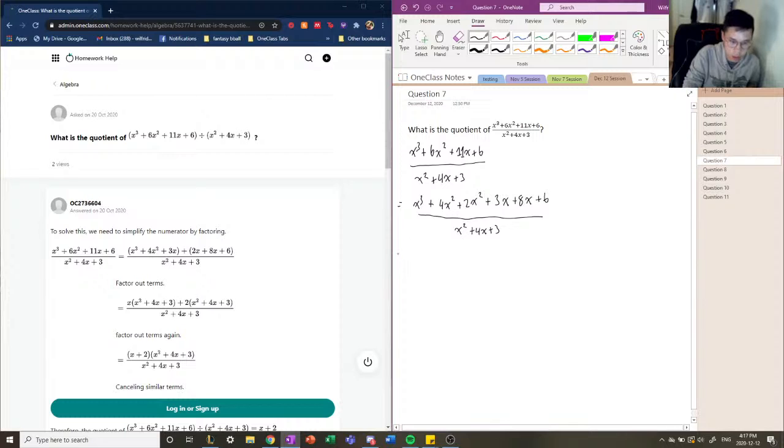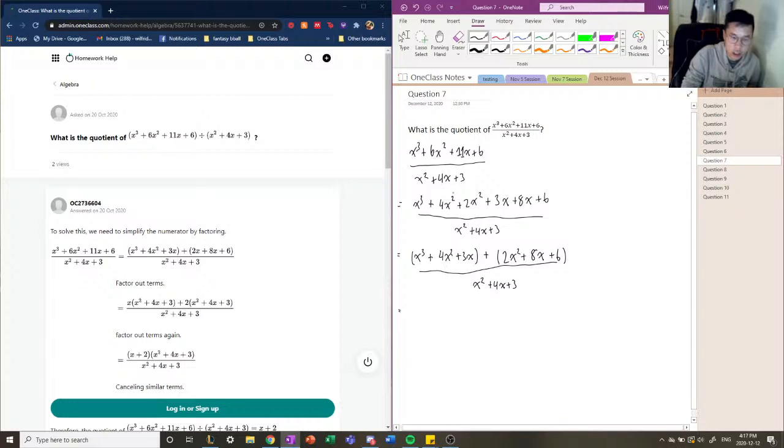So if we were to do that, we would get x cubed plus 4x squared plus 3x in brackets. So I'm going to signify that I'm grouping them by bracketing them. And this is going to be 2x squared plus 8x plus 6. Okay, so that's all divided by x squared plus 4x plus 3.